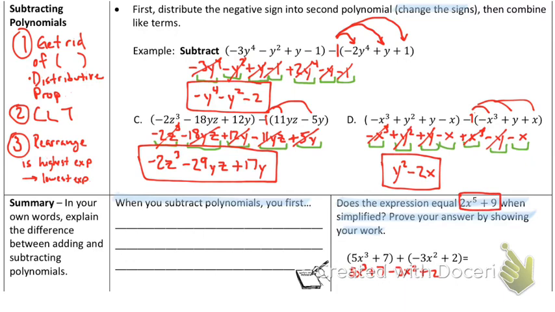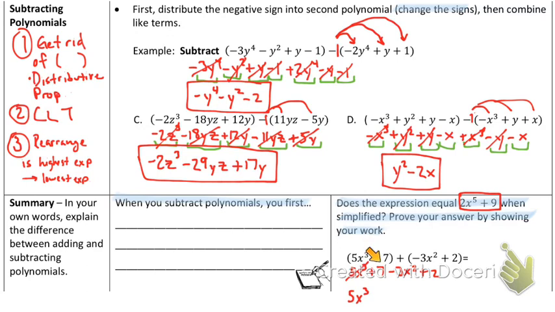So as you can see, I've already gotten rid of the parentheses. There was nothing to distribute here, so I just simply got rid of the parentheses, keeping the negative sign, not the positive sign, the negative sign with the 3. And now we're going to go ahead and combine like terms. So 5x to the third, there is no like term here, so I'm going to write him down, 5x to the third, cross him out.